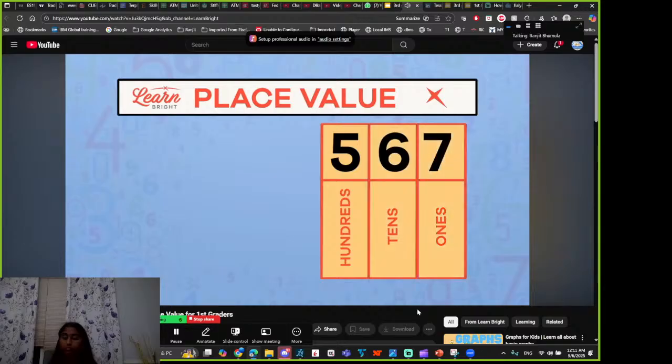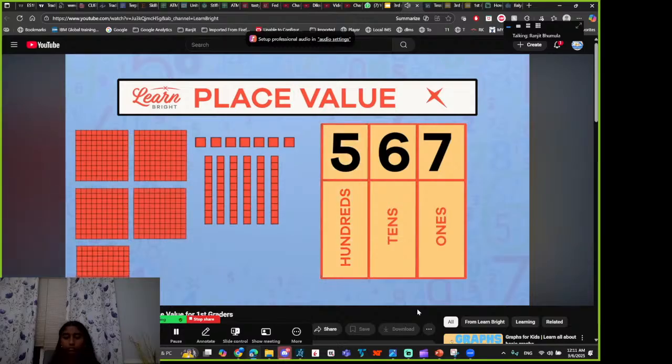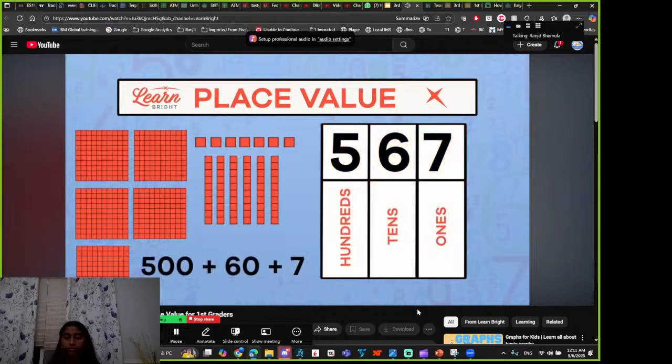There are 7 ones, which equals 7, 6 tens, or 60, and 5 hundreds, or 500. You can also think of this number as 500 plus 60 plus 7, or 567.